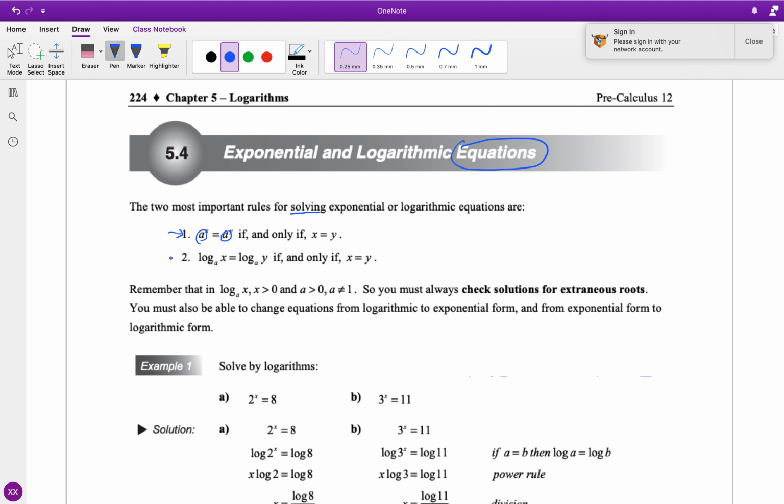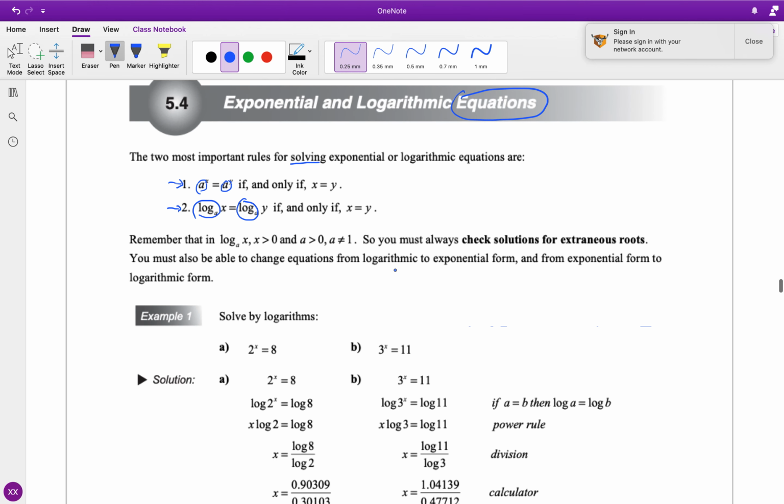All right. Now, by the same token, if it's logarithmic functions, if log base a of x and log base a of y are equal, then if and only if x has to equal y.